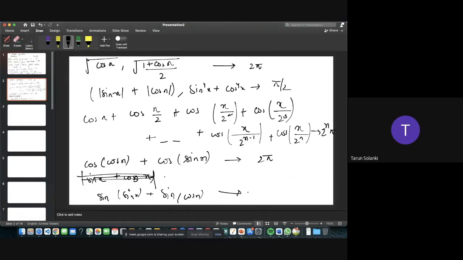So the period for this will become again 2 pi. And sorry, for this the period will be pi by 2. Cos of cos x plus cos of sin x will be pi by 2, and sin of sin x plus sin of cos x will be 2 pi. So copy this first. These periods are important, so please copy.